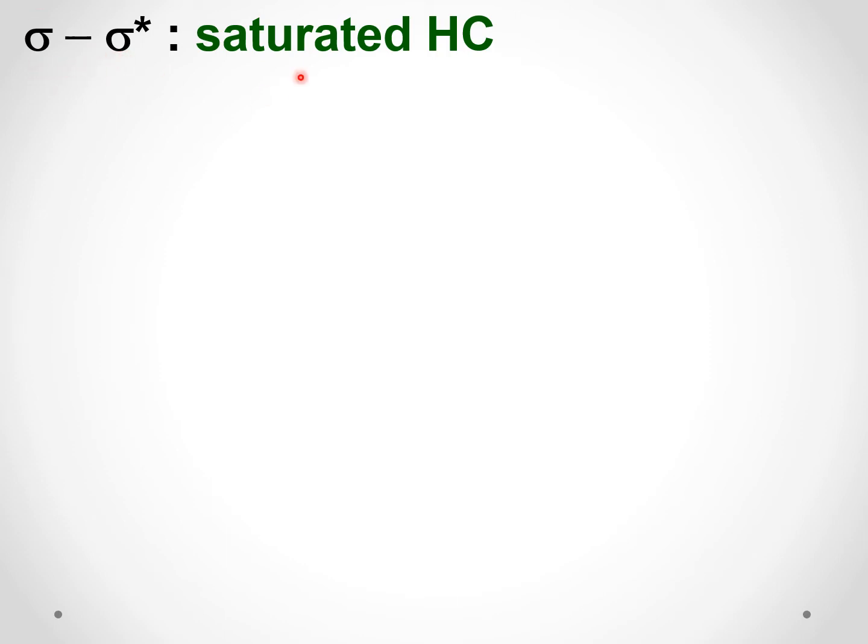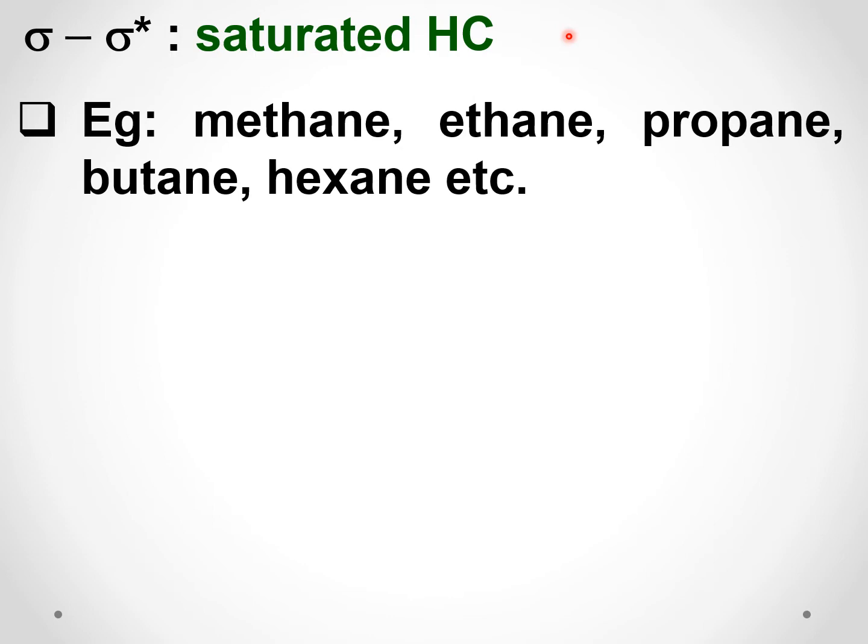This is shown by saturated hydrocarbons, for example methane, ethane, propane, butane, hexane, etc. These contain only sigma bonds, so they are called saturated hydrocarbons, and they will give sigma to sigma star transitions.